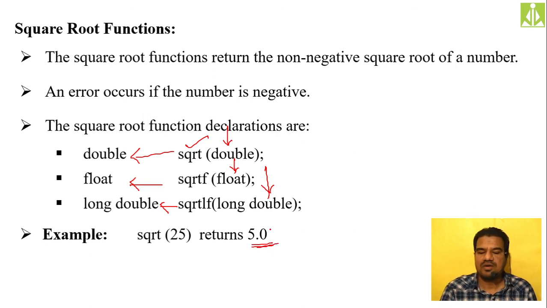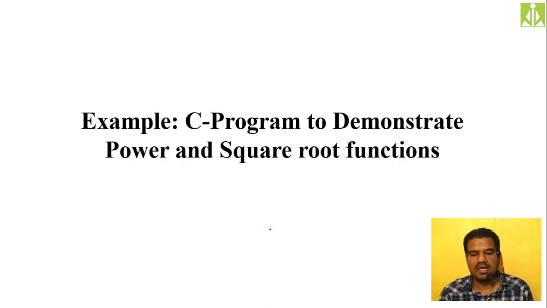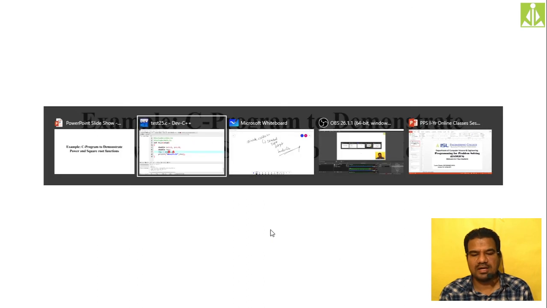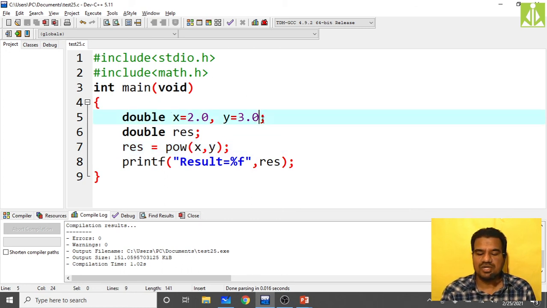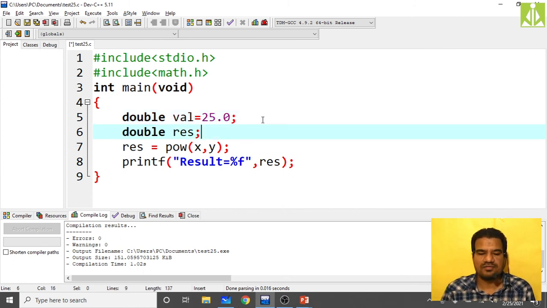It will return 5.0. So quickly demonstrate that square root function, and this will be our last concept, and with that we conclude our session. So I'm taking double only. Instead of taking two variables, now as I need only one variable, I'm taking value. So value, I'm taking 25.0.